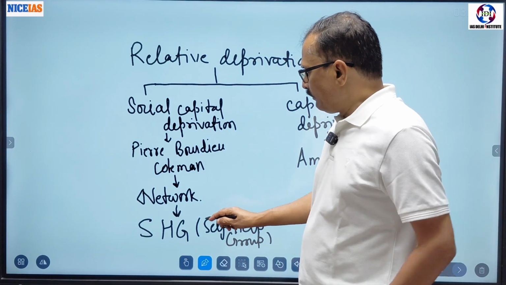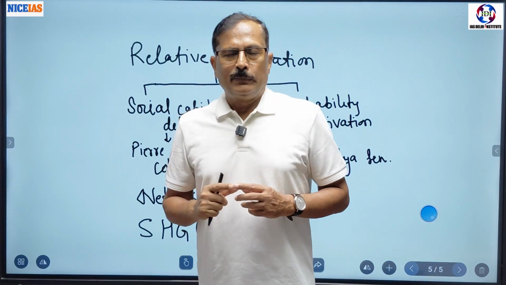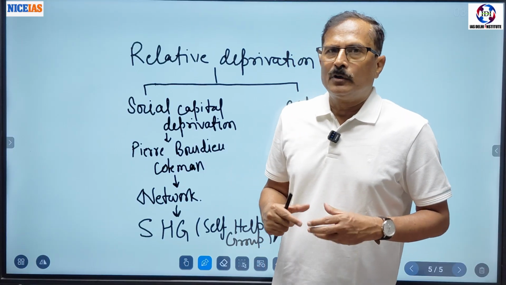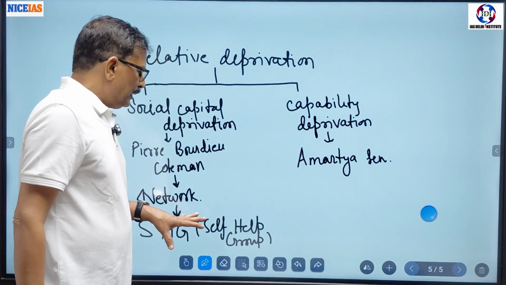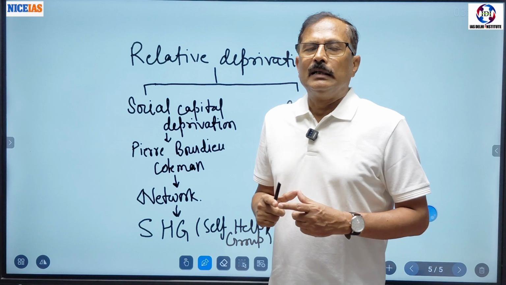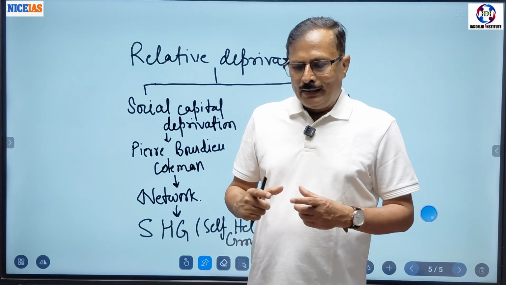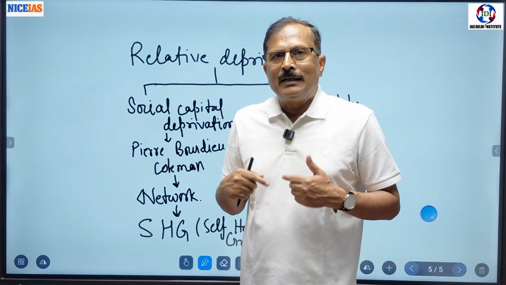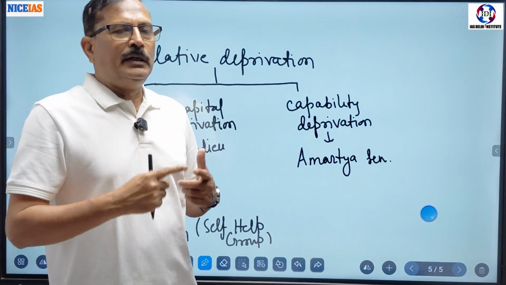What happens in a self-help group? A small number of people, 10 to 20, come together and pursue a certain productive activity. When they come together, their bargaining power increases, skill development takes place, leadership emerges, and therefore they are able to connect with the wider society and the political structure.